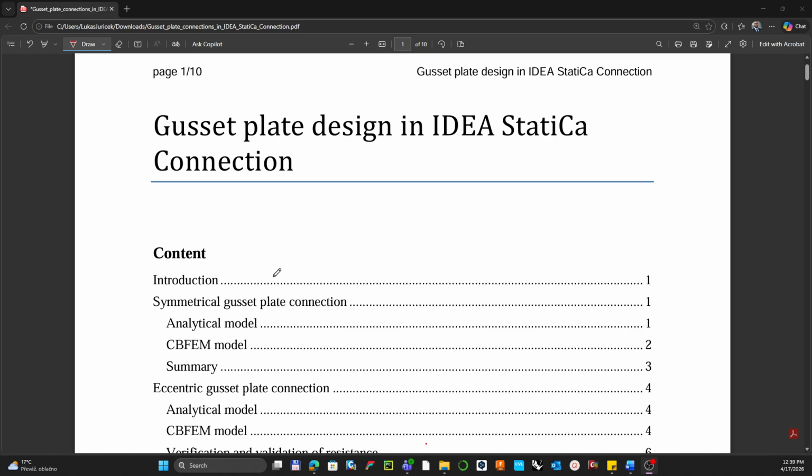Mostly I will give some recommendations on what you need to do in your IDEA StatiCa Connection model to design your connection according to the expected structural behavior of the gusset plates and the bracings.